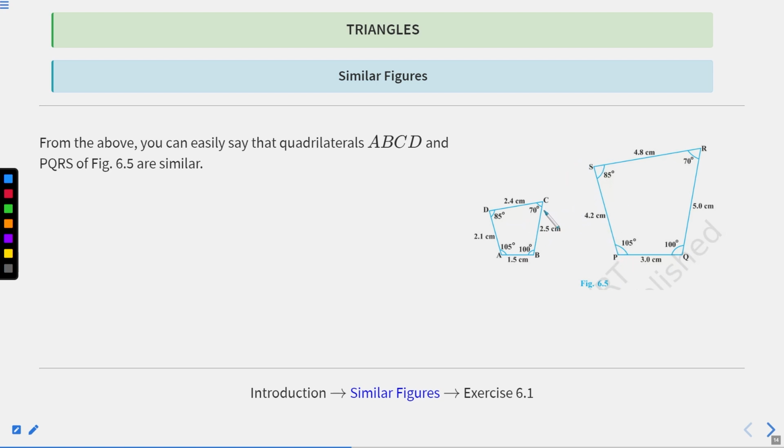So here you can easily see that all angles of these two quadrilaterals are equal. Now we have to check the ratio of the sides, and if we find the ratios, they are also equal. So you can easily say that quadrilaterals ABCD and PQRS of figure 6.5 are similar.